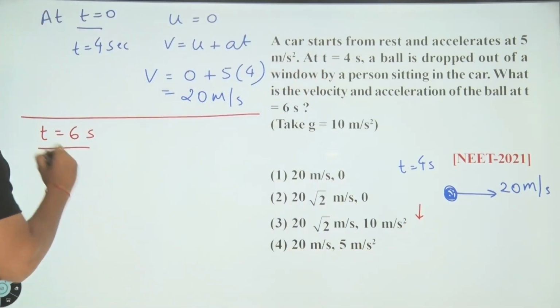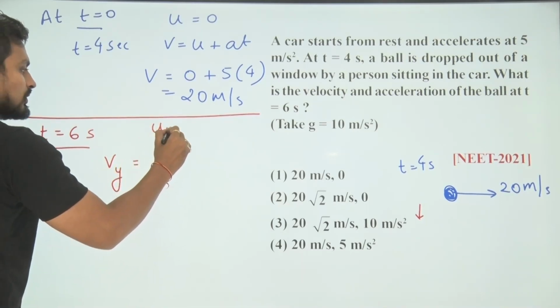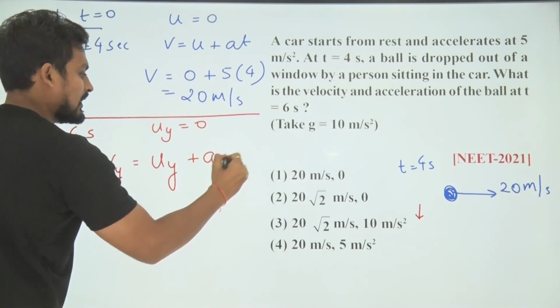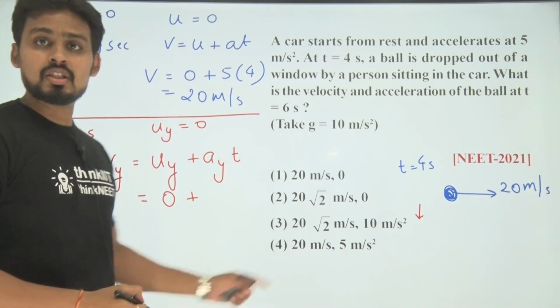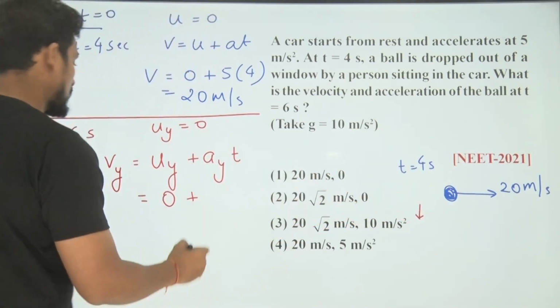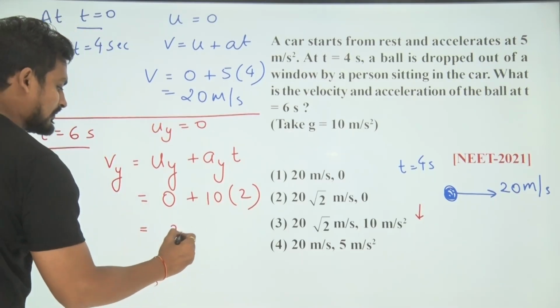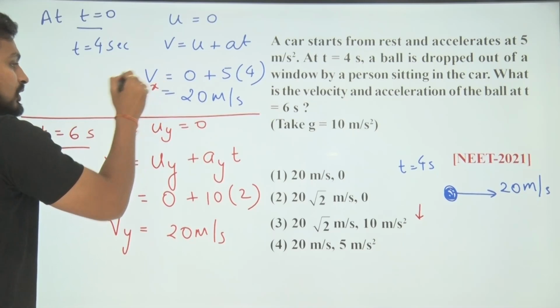So initially the velocity in the y direction is 0, right? Vy is equal to uy plus ay into t. So initially velocity is 0, acceleration is given as 10 meter per second square, and time is given as 2. So I can say this is 20 meter per second, and that is Vy, and this value was Vx.